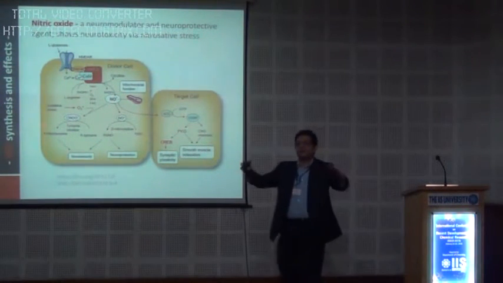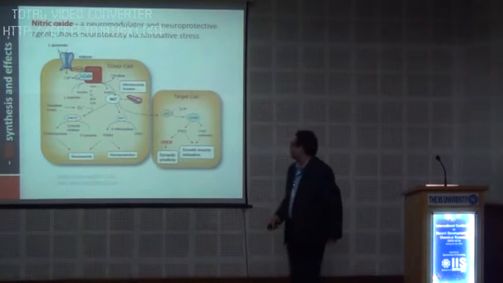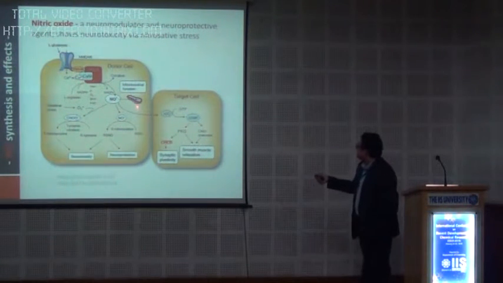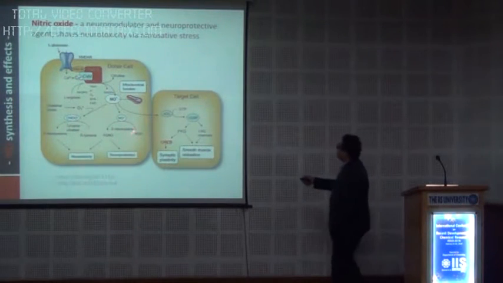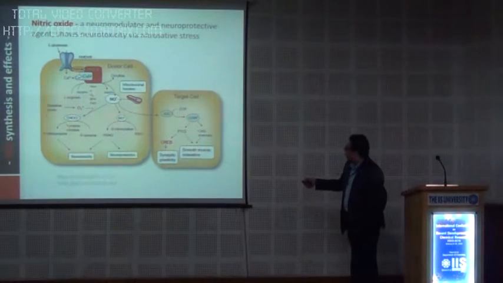Quite a number of processes happen once you generate nitric oxide, which has the ability to modify mitochondrial function. It can achieve tyrosine nitration. A whole bunch of nitrosylation can occur, which could eventually lead to neurotoxicity, or it could offer you neuroprotection.